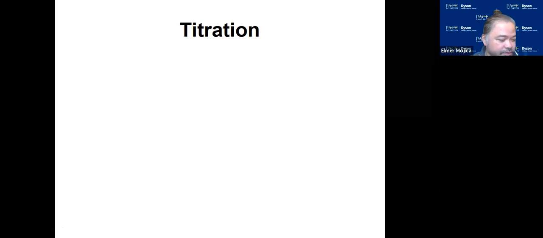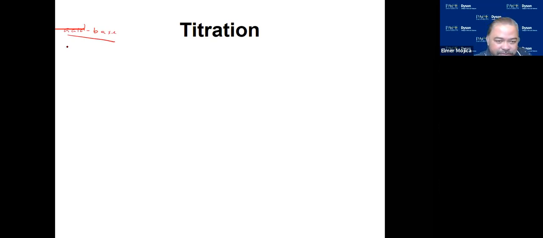If you're going to recall the titrations that we have, I think we started as early as experiment 3. Both experiment 3 and experiment 4 are an acid-base titration.